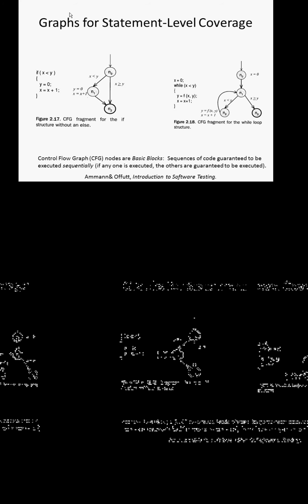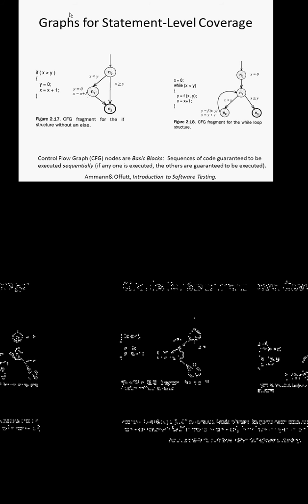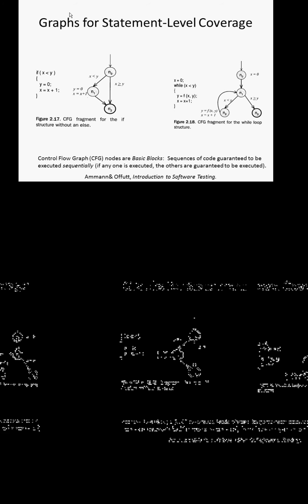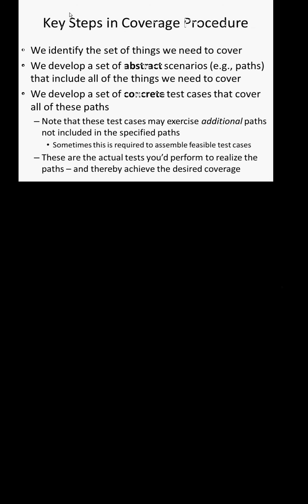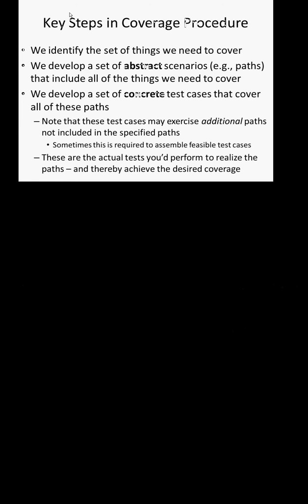Then, we want to develop a set of abstract scenarios. These are most traditionally paths that include all the things we need to cover. So these will typically, ladies and gentlemen, be paths from start, and Lewis Carroll said it, first to finish. Having identified those paths through the system that will cover these things, we then need to make it concrete.